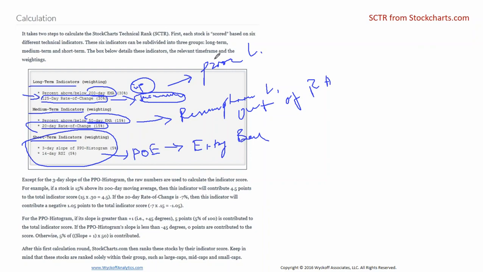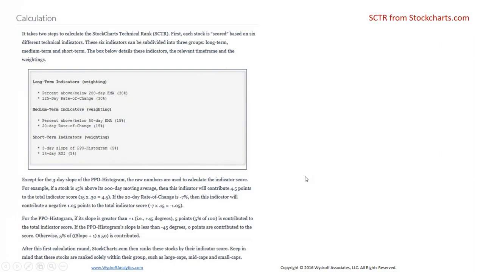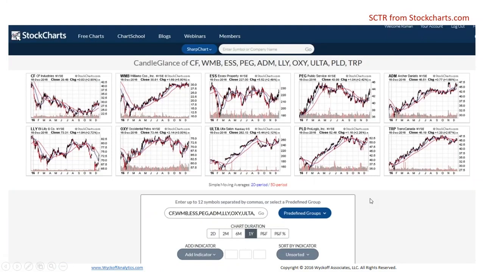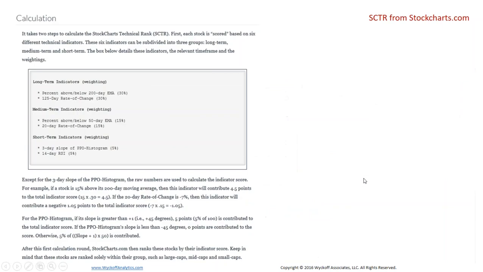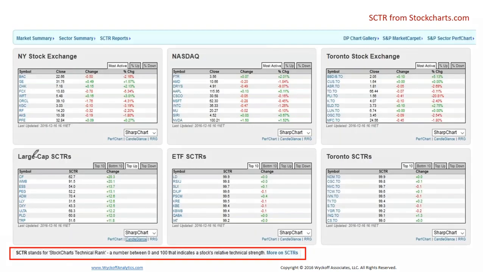So, I encourage you to go to stock charts and go to the chart school pages and look at the definition of the scooters. But let's look at the results. I just did this last night before the workshop, and I wanted to give you this example for scooters. It also gives you different ways of looking at the top 10, and usually I would go first to, let's say, this area right here, large caps, and look at the top 10, and then look at the candle glance.